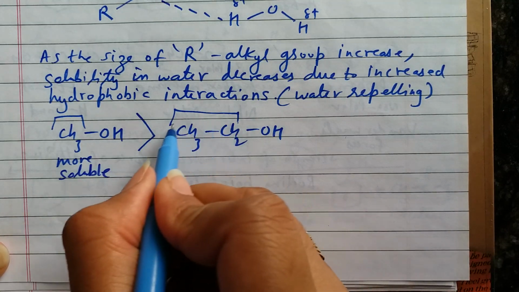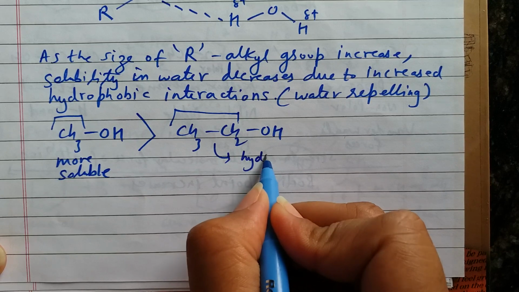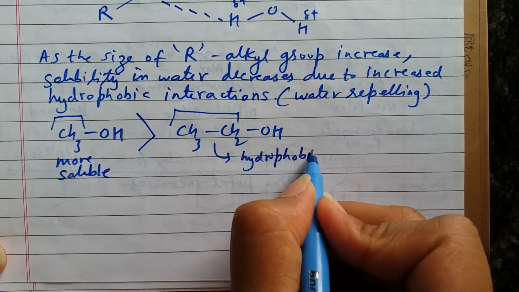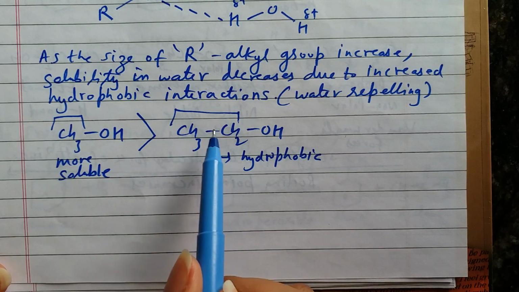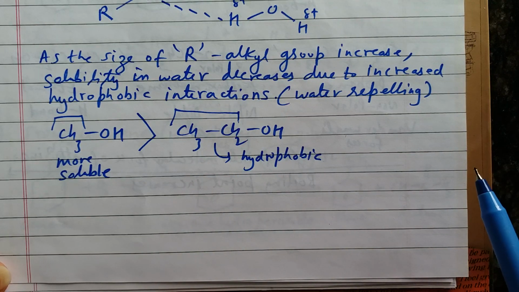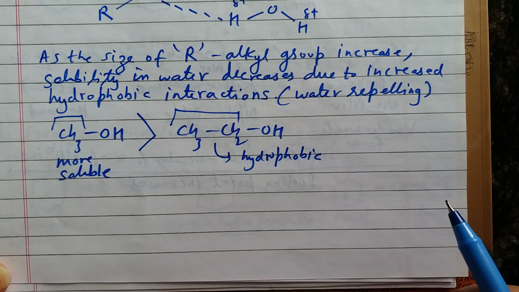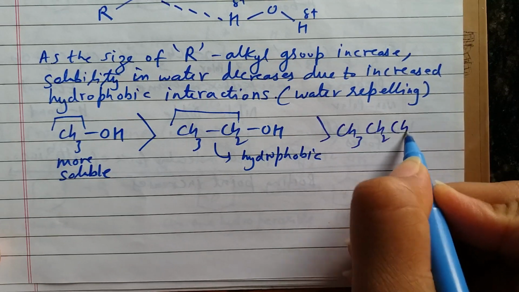Why? Because this alkyl part, this alkyl chain, is hydrophobic. It is water repelling because there is no charge separation. So this part is hydrophobic or water repelling. Now when this part increases, there will be more hydrophobic interactions, and that is why the higher alcohols are going to be less soluble. You may even write one more example here. Let's take propanol.